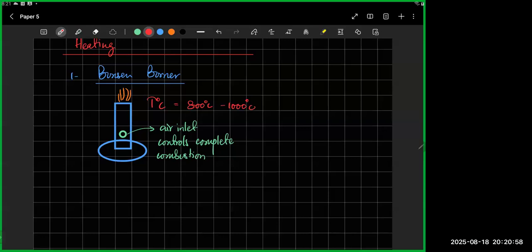Bunsen burners are known for strong heating and are always used for strong heating. For example, when you want decomposition to happen, you're going to use a Bunsen burner, or when you want to get rid of water of crystallization.